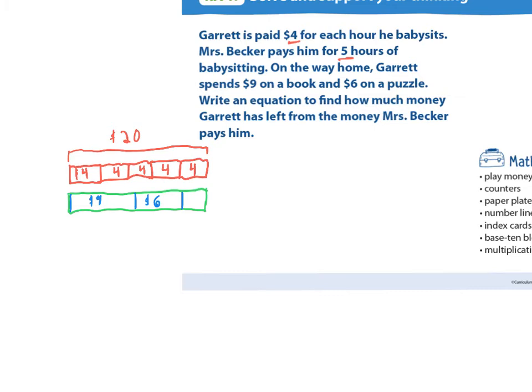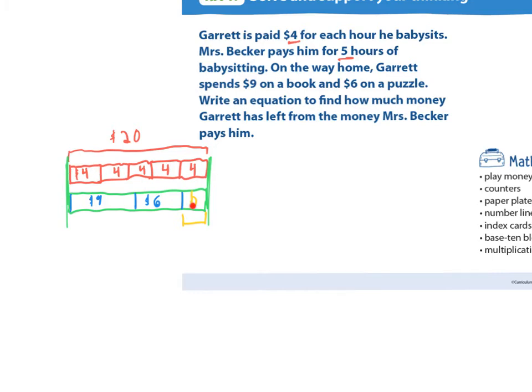All right, and what we're left with is B for babysitting money. Right? So we've got some certain amount of money left. We just have to figure out what this is. Again, if we know 9 and 6, these two bars are going to be the same length. Right? These two bars will be the same amount.